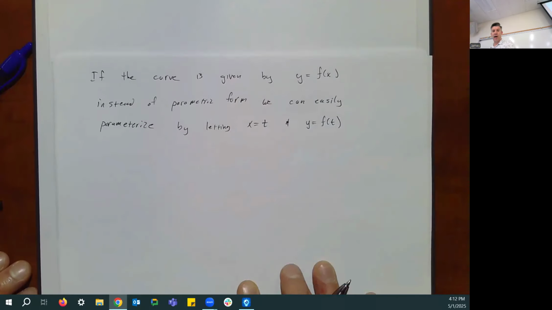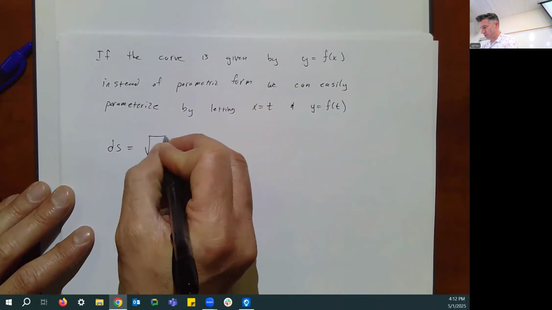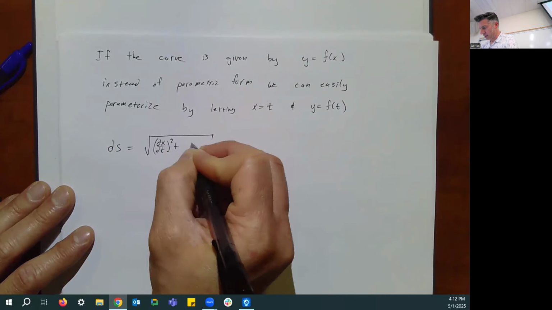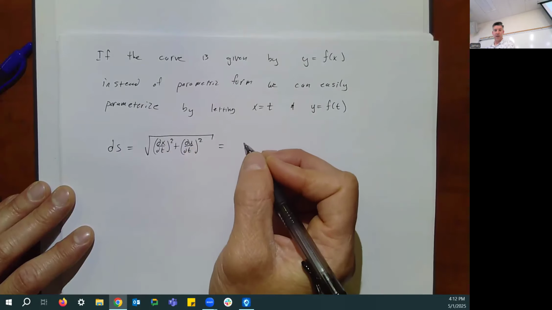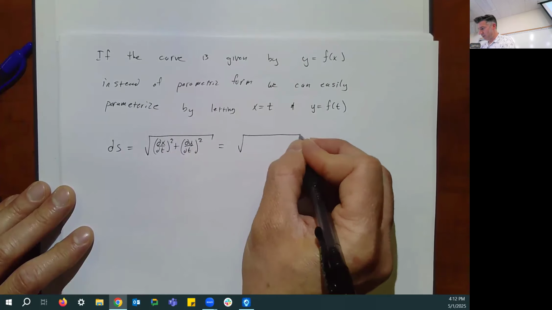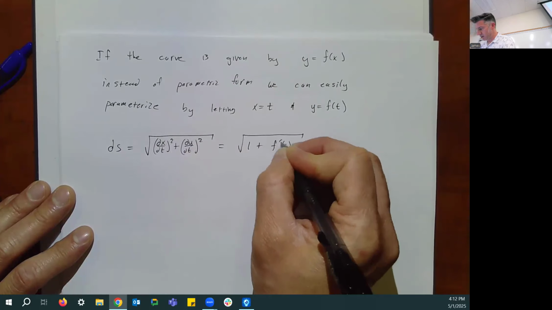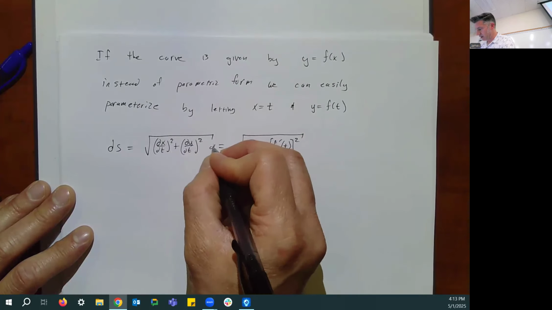So then here's what happens. Your ds, which is equal to the square root of (dx/dt) squared plus (dy/dt) squared, just ends up becoming the square root of 1 plus f prime of t squared. I forgot the dt here, sorry.